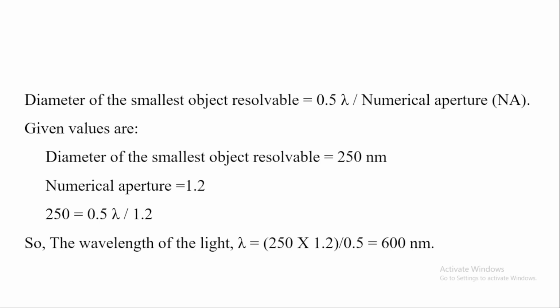So 250 nanometer is equal to 0.5 lambda divided by 1.2, which is the numerical aperture. If you have to find the lambda, we will do 250 into 1.2 divided by 0.5. If you solve this, the answer would be 600 nanometer. So 600 nanometer is the wavelength of the light required to observe this image.